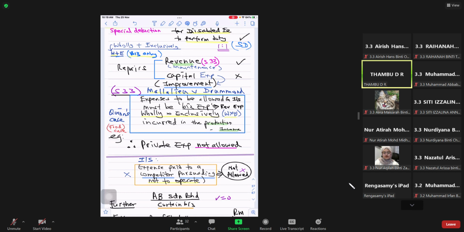So any expense to be allowed in the income statement must be a business expense and it should be a revenue expense. It should be wholly and exclusively incurred in the production of income, meaning wholly and exclusively means there should not be any non-business use. Here, she also wears it to cover herself, so that is a non-business use.